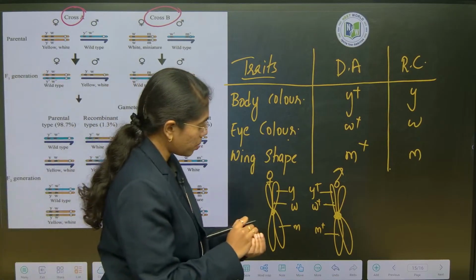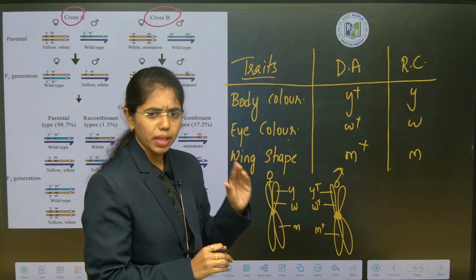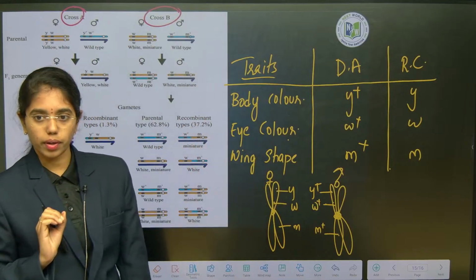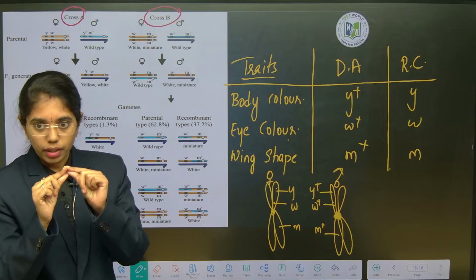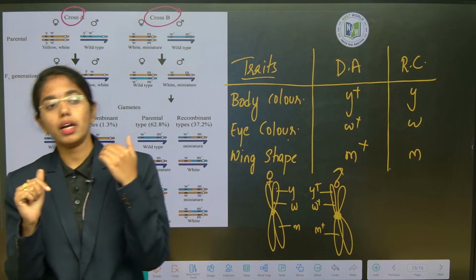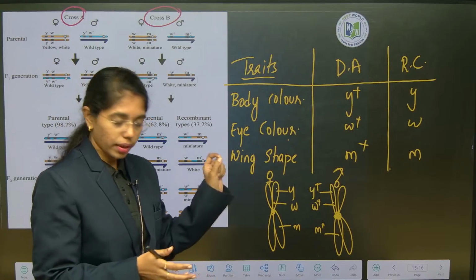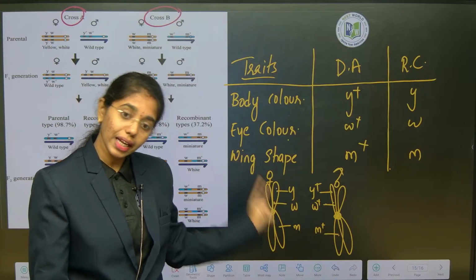So, here if you see, the distance between body color and eye color is very minimal. Okay. Less the distance, less will be the possibility of crossing over because they are linked. Linkage is a concept where you will learn about complete linkage and partial linkage later. Here you remember one thing: if two genes are located close to each other, they are linked.